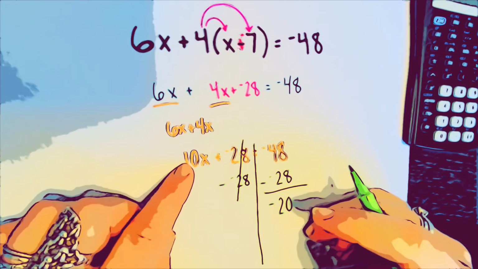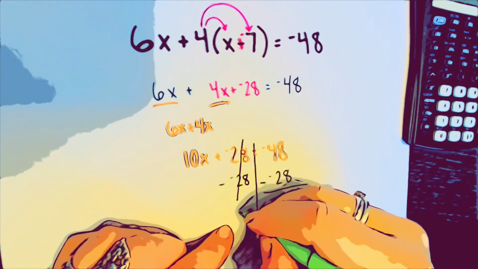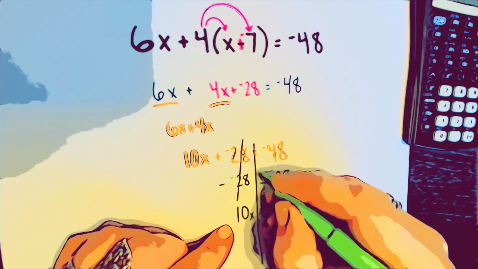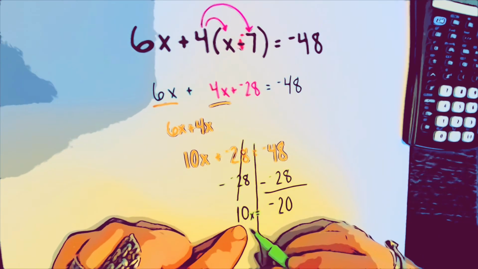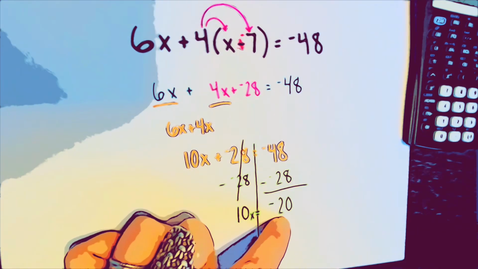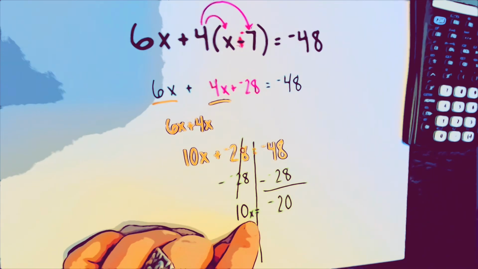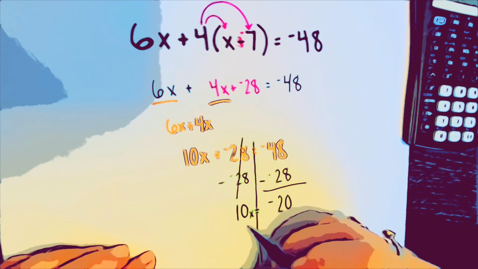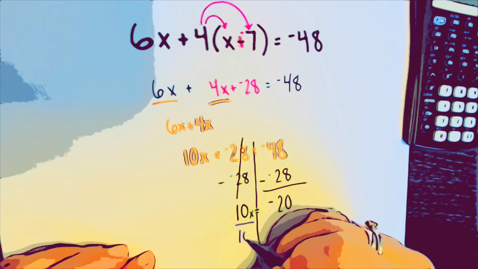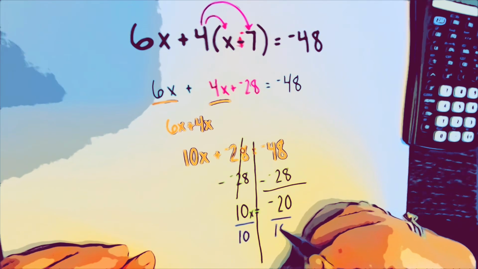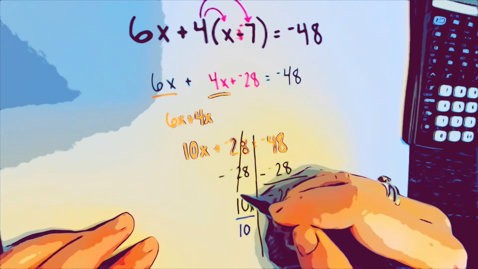So I have 10x remaining over here. I can bring that down. Bring down my equal sign. 10x equals -20. What step do we need to take to get x alone? Right now, x is being multiplied by 10. The opposite of multiplying by 10 is dividing by 10, so we'll divide both sides by 10. That cancels out my 10s.